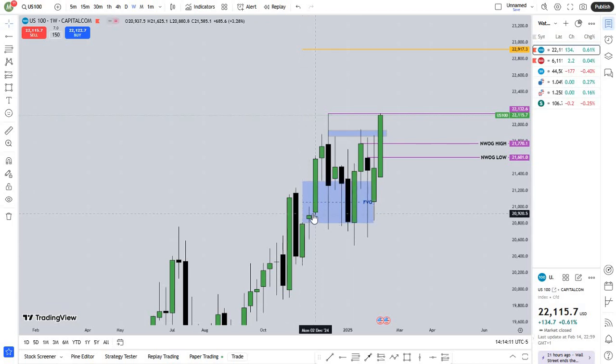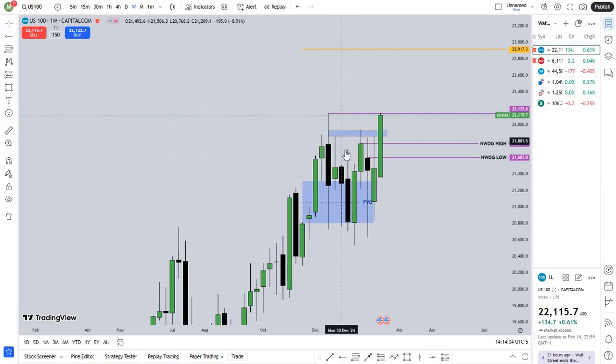The reason I didn't use this or that is because this is a volume imbalance, so I just added everything together and called it one fair value gap. And you see how it's respecting it here, showing that the higher prices I called were right. I stated it also in one of my videos, it's there on the playlist. So now we are still looking for higher prices.